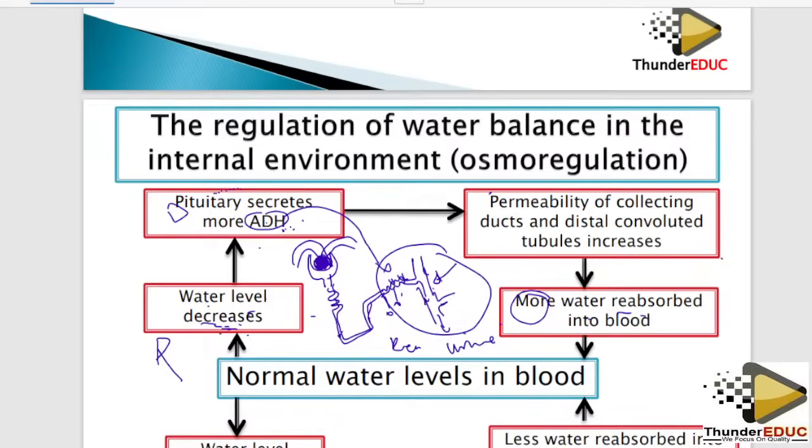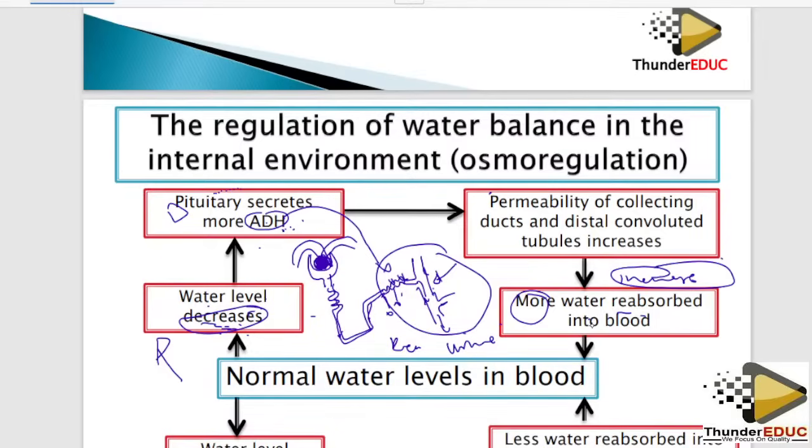So we are saying that more water is reabsorbed back to the blood. And then, once more water is reabsorbed, automatically the water level increases. That's why you say decrease here, but the last statement must be increased.